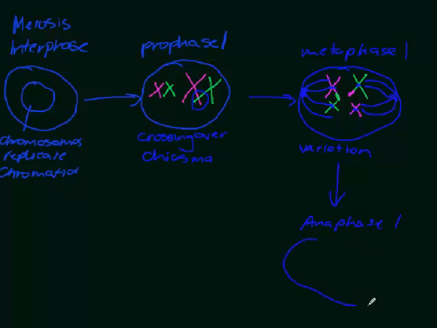So the next phase is anaphase 1. Okay, so anaphase 1. So in anaphase 1, what we're going to see is that these chromosomes have been drawn away from the equator. I'll have to put a little bit of green one on that later. Okay, we'll place our paternal one in.